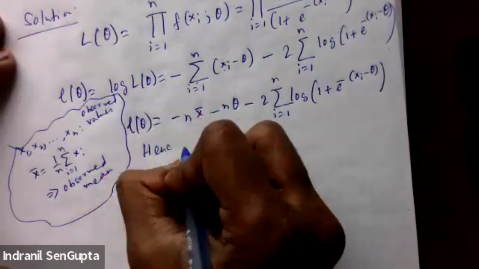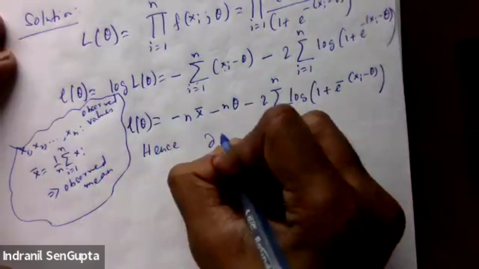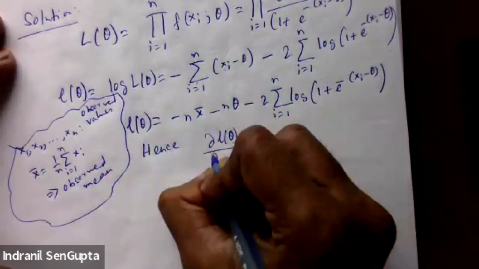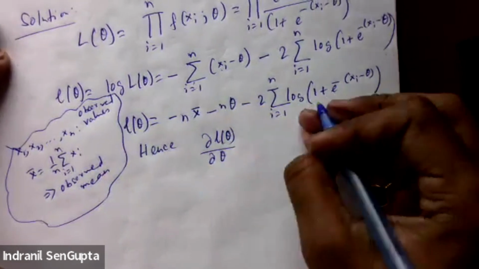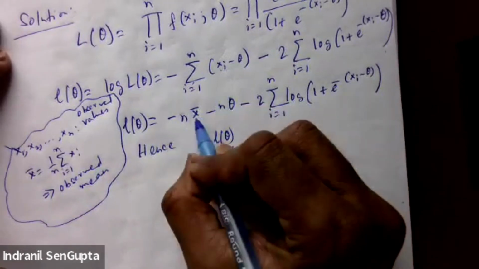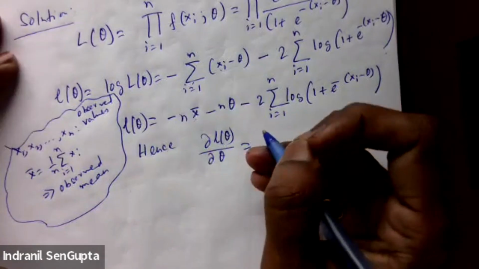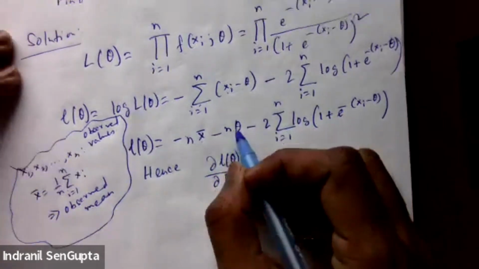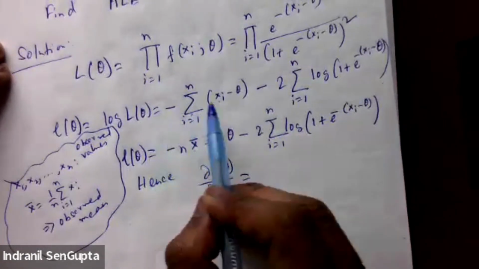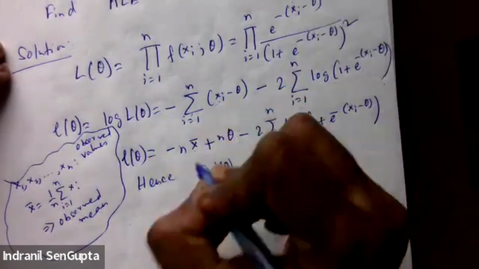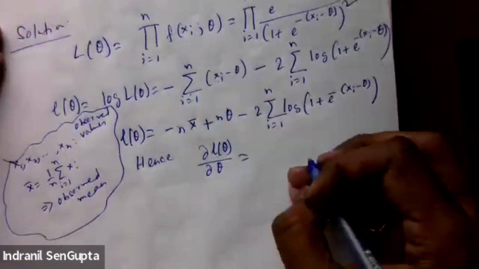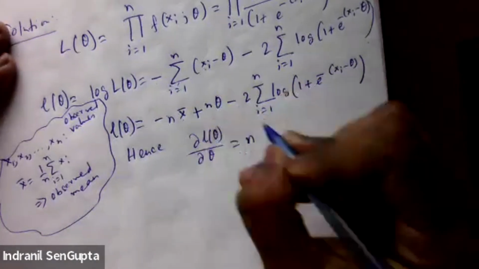Hence, if I differentiate this with respect to theta, what do I get? The first term is independent of theta. Then the second term, sorry, there is a negative sign here, so it's plus n theta, right? So if I differentiate, this is going to be n.